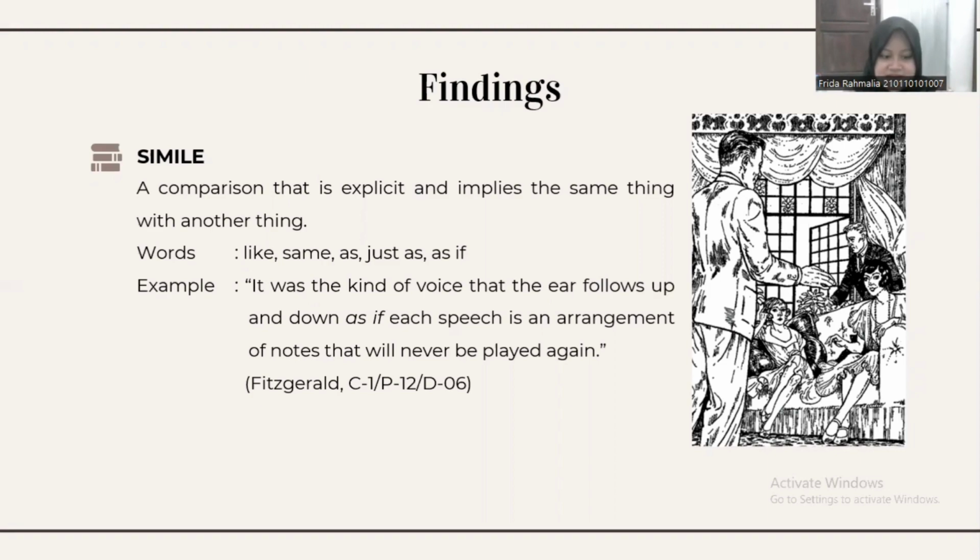So let me explain this. The symbol above evokes the reader's mind to cause a special effect in the above sentence. The figure of speech found in the above sentence shows the comparison between two things. It was the kind of voice that the ear follows up and down, and an arrangement of notes that will never be played again, by using the comparison words as if. So in this condition, the writer tells about something that has happened.